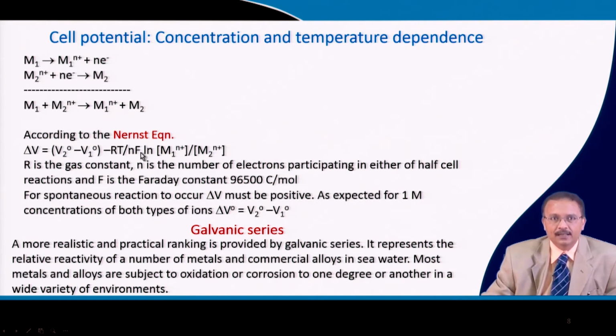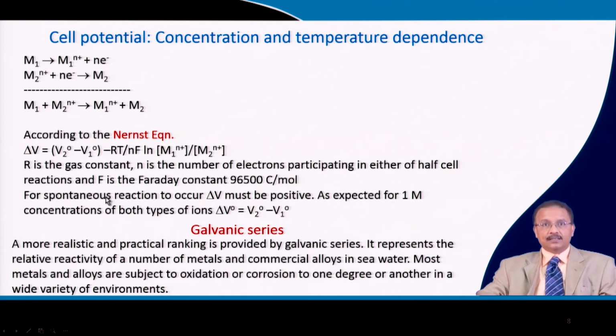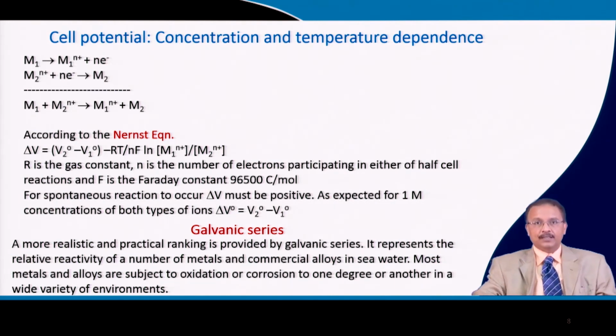If I apply the Nernst equation, which I already described, then the generated voltage depends on the standard electrode potential minus this term, which is the concentration potential, RT by nF ln of the product concentration divided by the reactant concentration. R here is the gas constant, n is the number of electrons participating in either of the half cell reactions, and F is the Faraday constant, which typically has a value of 96500.